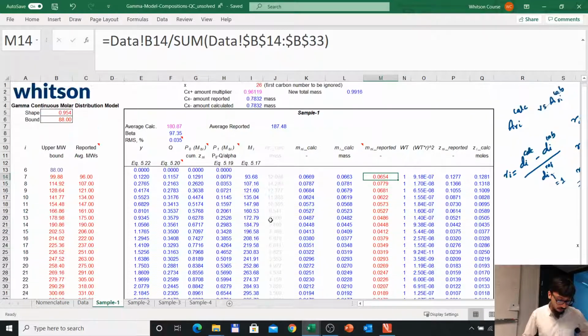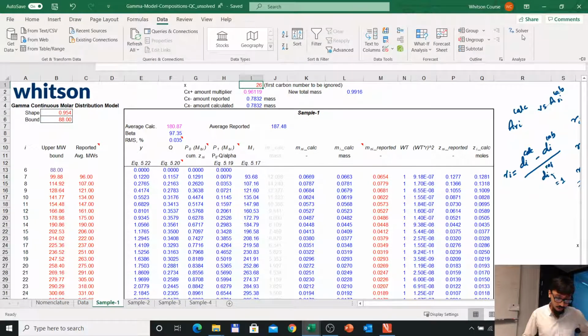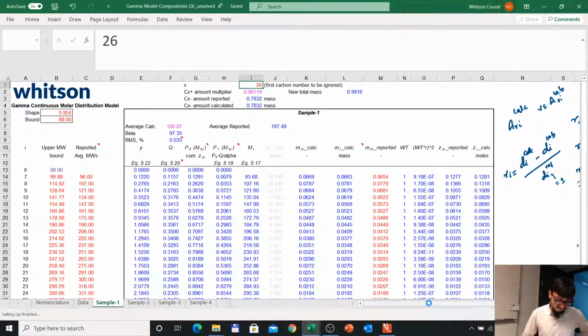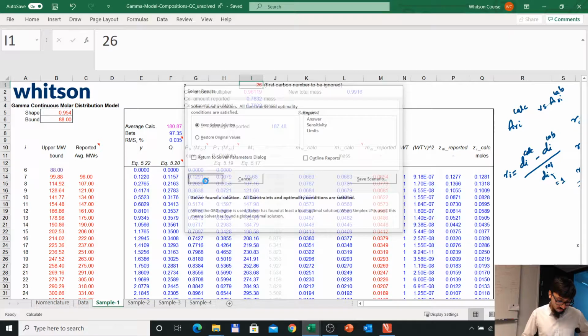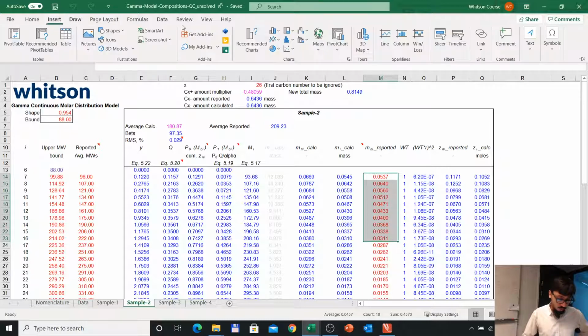So first, the correct CX value is this. We have the solver, I guess. We know that the correct CX value was 26.